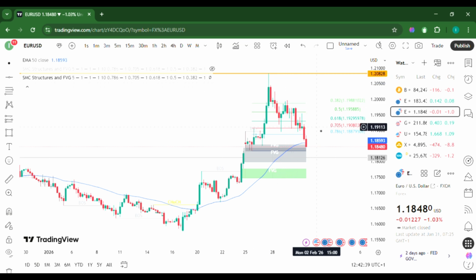And for price to return back here, it has to hold around this zone. But if it doesn't hold around this zone, it's going to push down. So what we are looking out for in this step 2 is our point of interest.